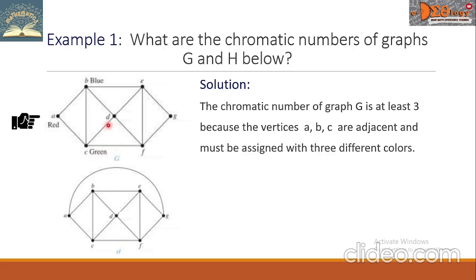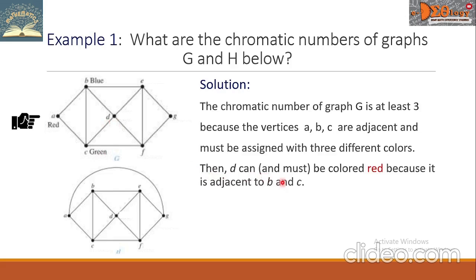Now let's color vertex D. D can and must be colored red because it is adjacent to B colored blue and C colored green. D now becomes red.